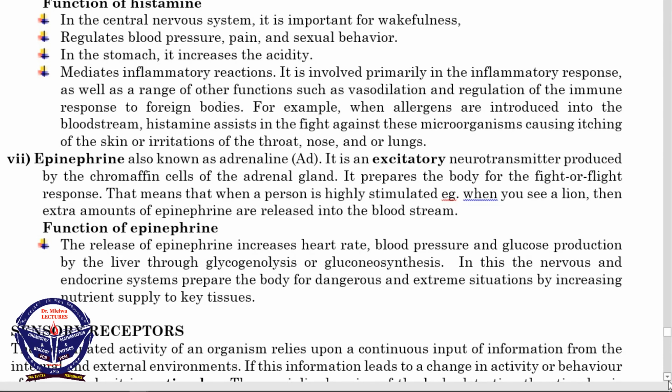Norepinephrine. So the release of epinephrine increases heart rate, blood pressure, glucose production, kama vile ambavyo tulidiscuss the liver, glucose production by the liver through glycogenolysis or gluconeogenesis. In this, the nervous and endocrine systems prepare the body for dangerous and extreme situations by increasing nutrient supply to key tissues.